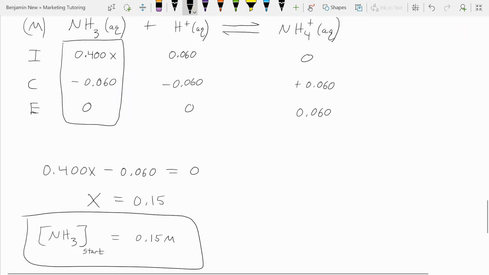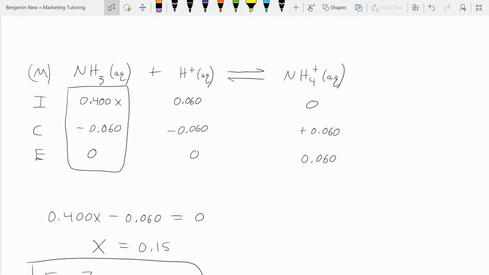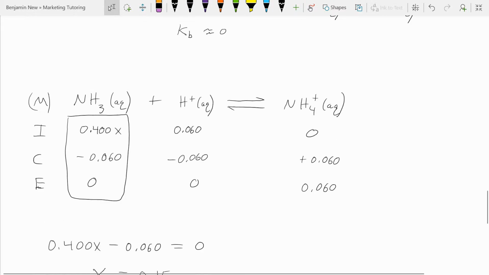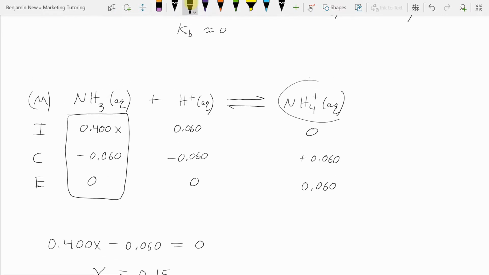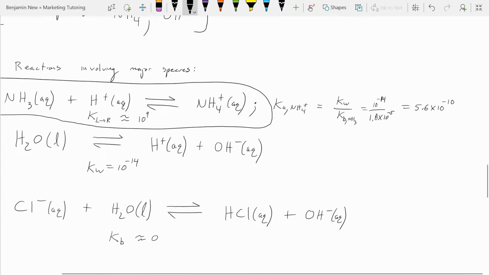Well, we're already at the equivalence point, and the next thing to consider is, well, I know that this reaction, we consider this as going to completion, but in reality, the ammonium ion still has a finite Ka value. Ka for the ammonium ion is 5.6 times 10 to the minus 10.